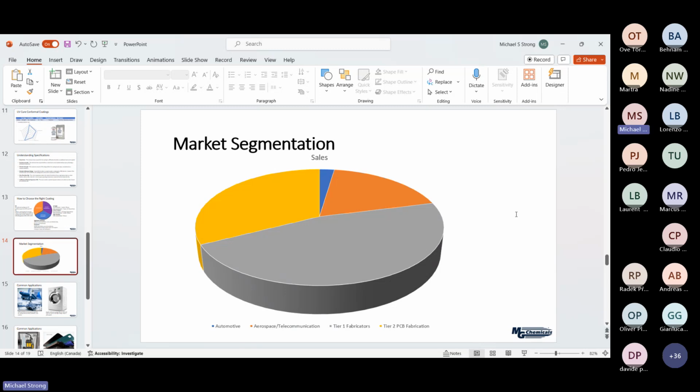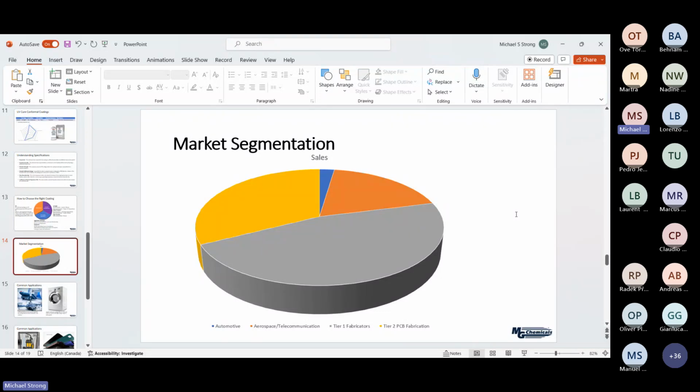So now into more of the sales and marketing side of things. Okay. So if we look at the distribution of who our customers are, we have a small sliver there representing the automotive, but that could be a little distorted because I put the tier 1 and tier 2 fabricators, and amongst those could very well be a lot of automotive applications.